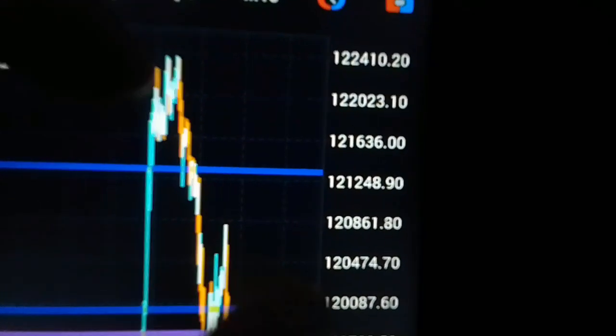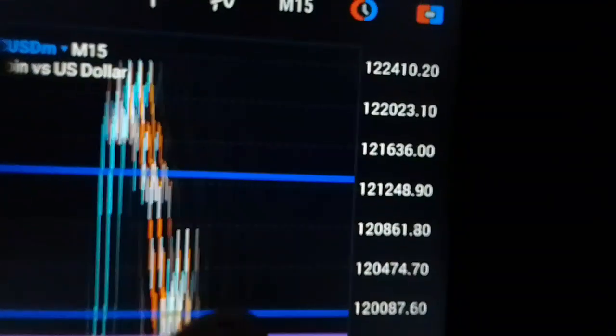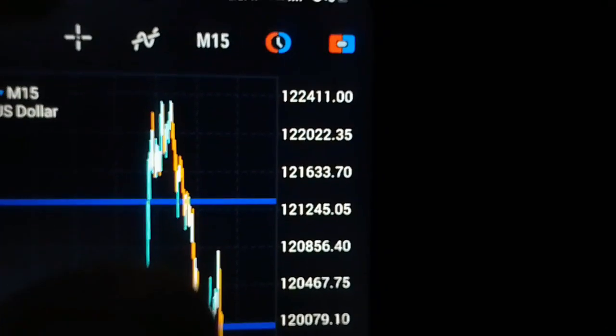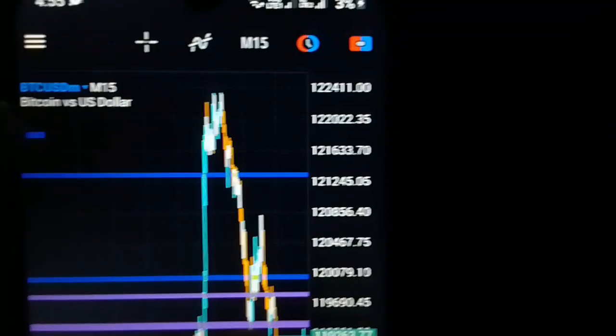At the higher time frames, y'all see large candles, but at the lower time frame is where this whole move happens.